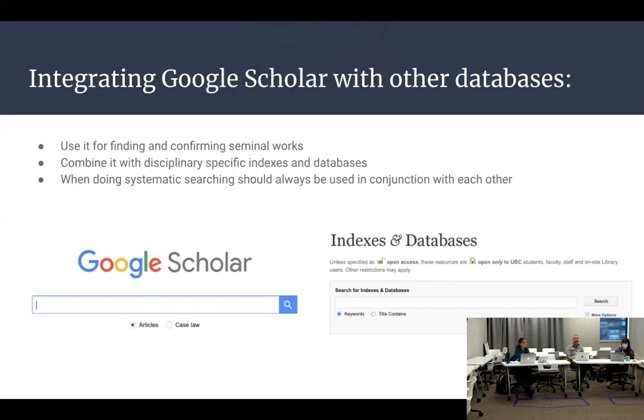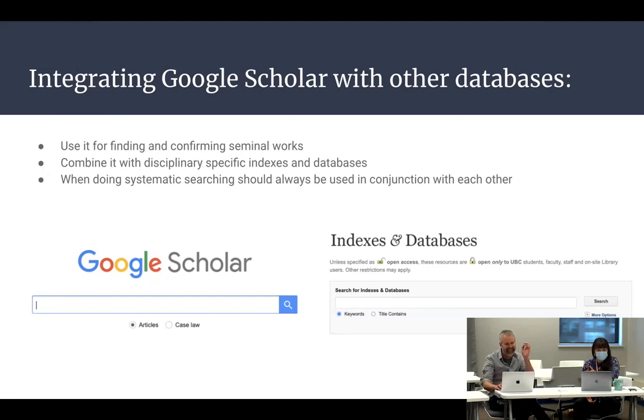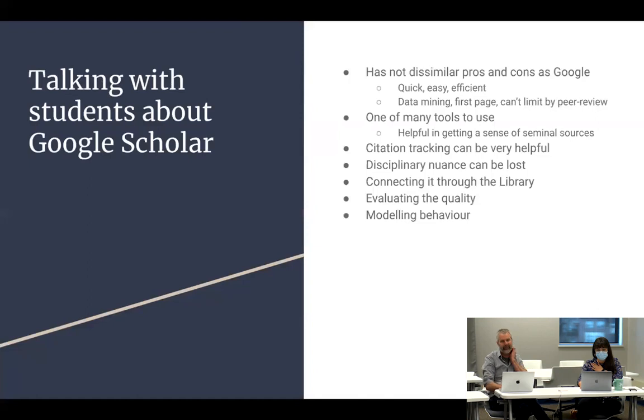I don't think I need to say much more than what we've already talked about, but you should be using more than one is the short end of the story, for all the reasons that we've already talked about. I kind of already touched on talking with students about Google Scholar. It has not dissimilar pros and cons to just using Google, and they know some of that.